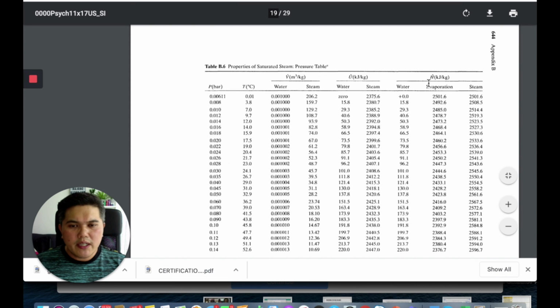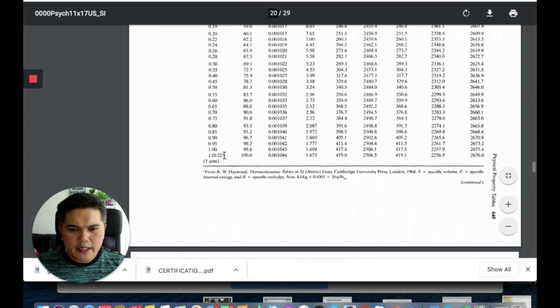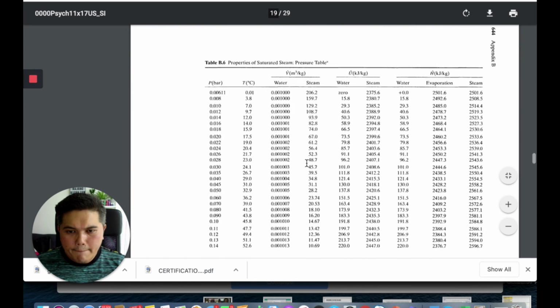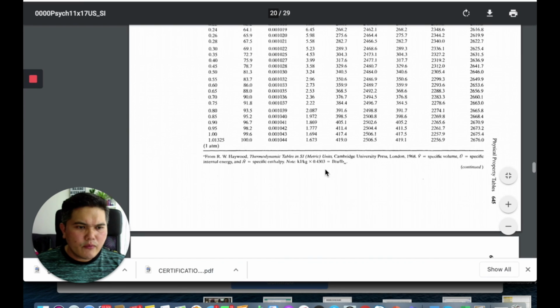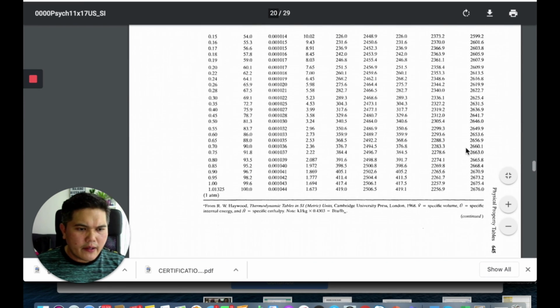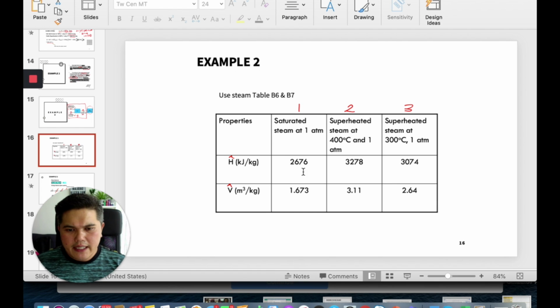In this case we are dealing with steam, not water. For steam at 100, the specific volume is 1.673 cubic meters per kilogram, and the specific enthalpy of steam at 100 and 1 atm is 2676. We can write it down here first.